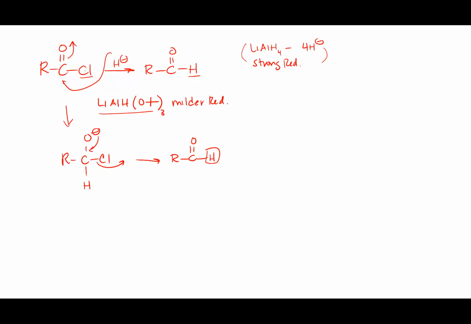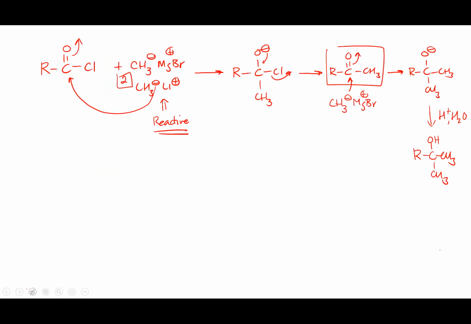So I took the approach of, okay, let's use a milder reducing reagent that just adds 1 H minus. Is there a reagent that will be milder for a Grignard-like reaction? And believe it or not, there is, and believe it or not, we know what it is.